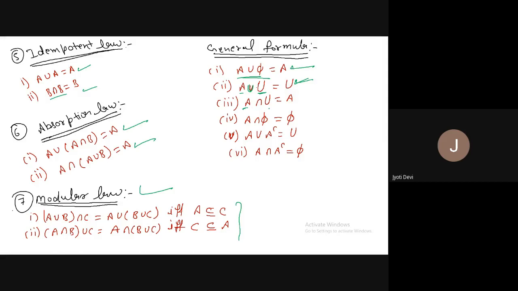Set A intersection with set U, that is the universal set, we get the result A. A intersection with phi, in result we get phi. And A union with A complement, in result we get the universal set. A intersection with A complement, we get the result phi.